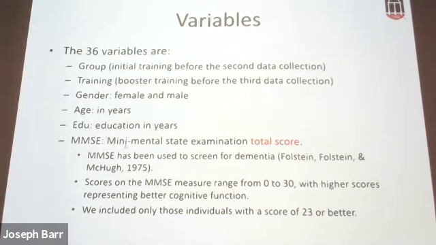This is short for Mini Mental State Examination, total score. Again, you get the sum score. It measures from 0 to 30, with a higher score representing better cognitive function. They include only those individuals with a score of 23 or higher.